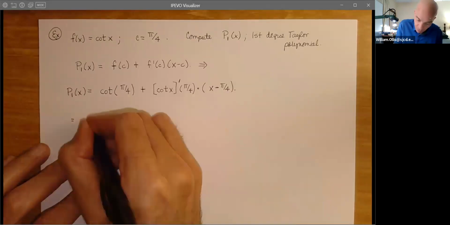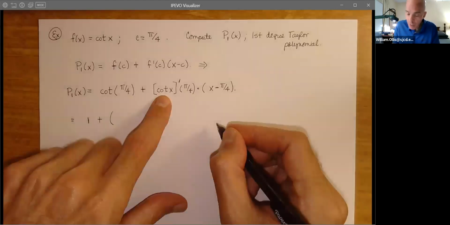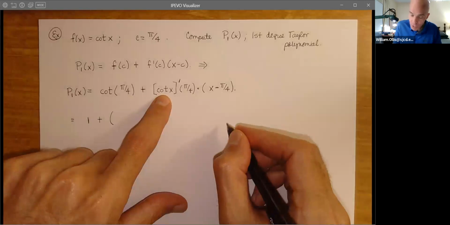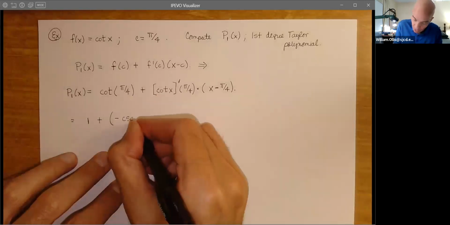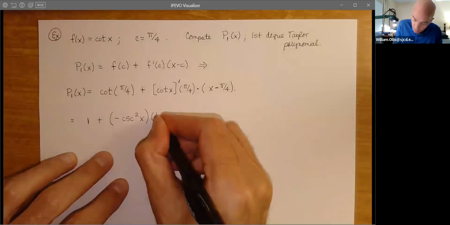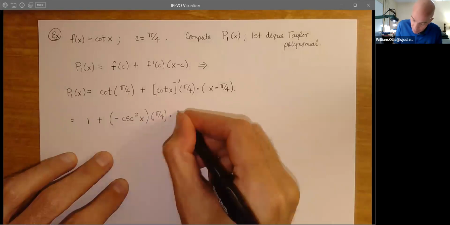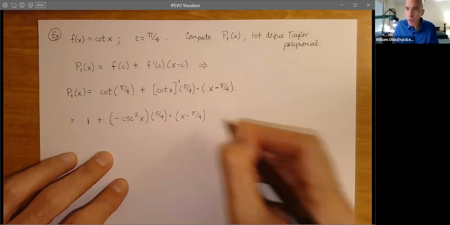So we have 1 plus. And now the derivative of cotangent is the negative cosecant squared x evaluated at pi over 4 times x minus pi over 4. So this again is very rudimentary.